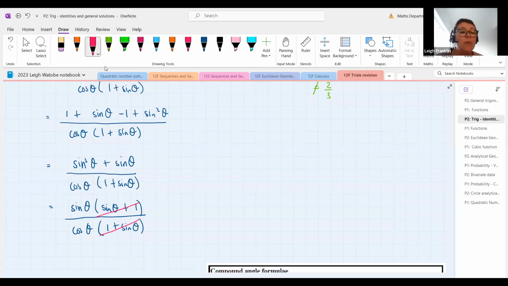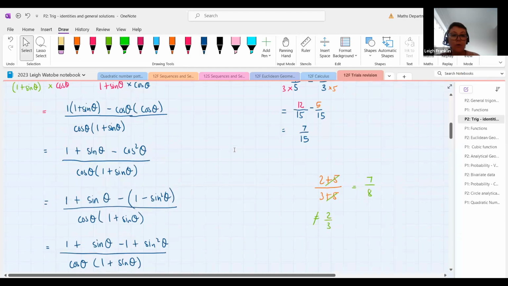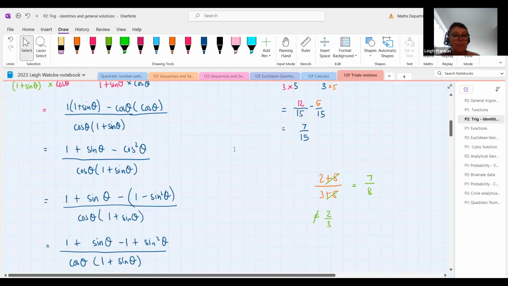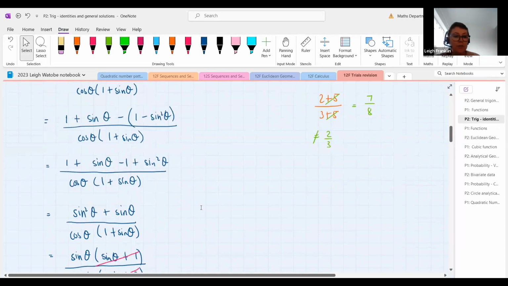Okay, and I end up with sine theta over cos theta, and of course, sine theta over cos theta is tan theta, and therefore it is equal to the right-hand side of my equation. Okay, so I have proved my identity. Is everybody happy with that? Are there any questions?